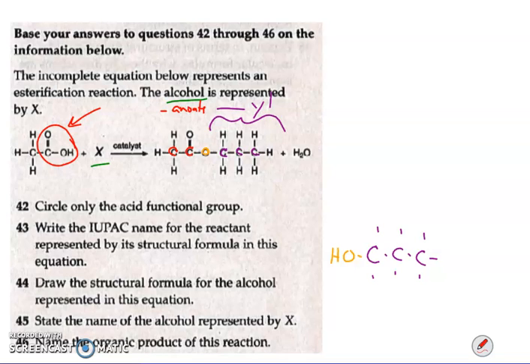You're going to have 3 carbons, which are going to be propyl, P-R-O-P-Y-L, because that comes from the alcohol part. The acid part has 2 carbons in it, so it's going to be ethanoate. So our ester that was created is going to be called propyl ethanoate.